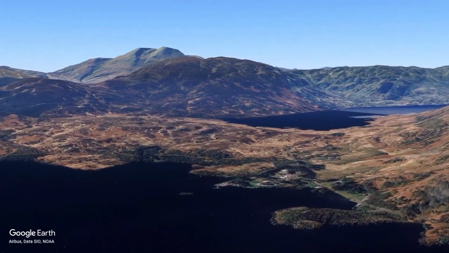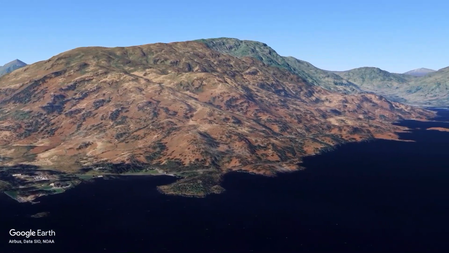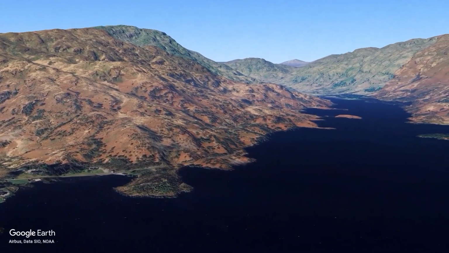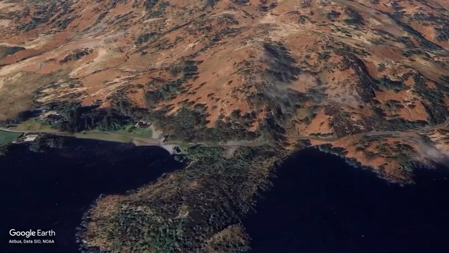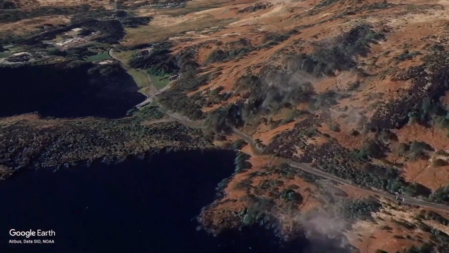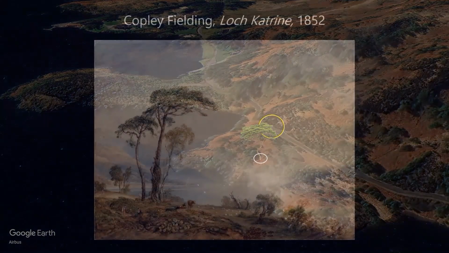I'm going to move toward the peninsula, and the artist was standing just to the right of the peninsula, right about here. And you remember that tree? It's right about there.